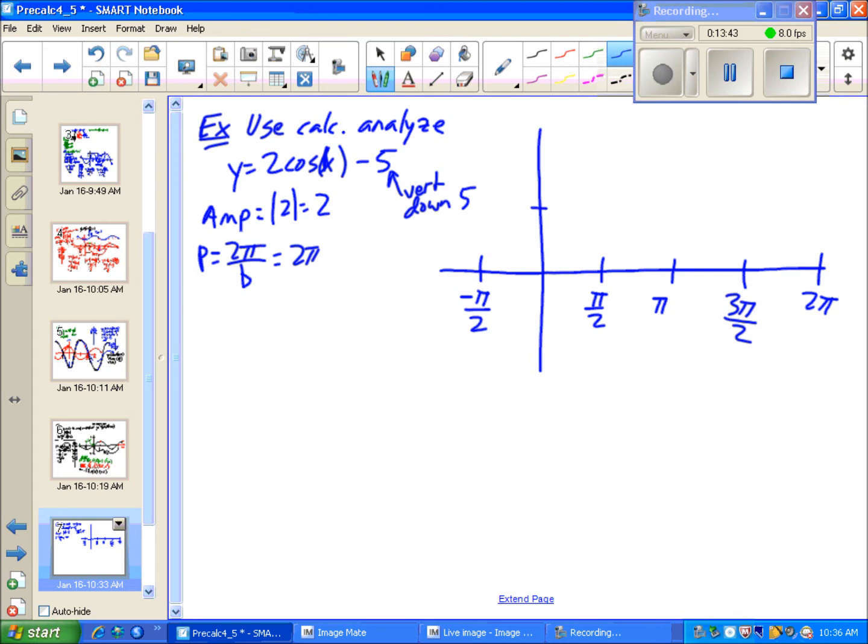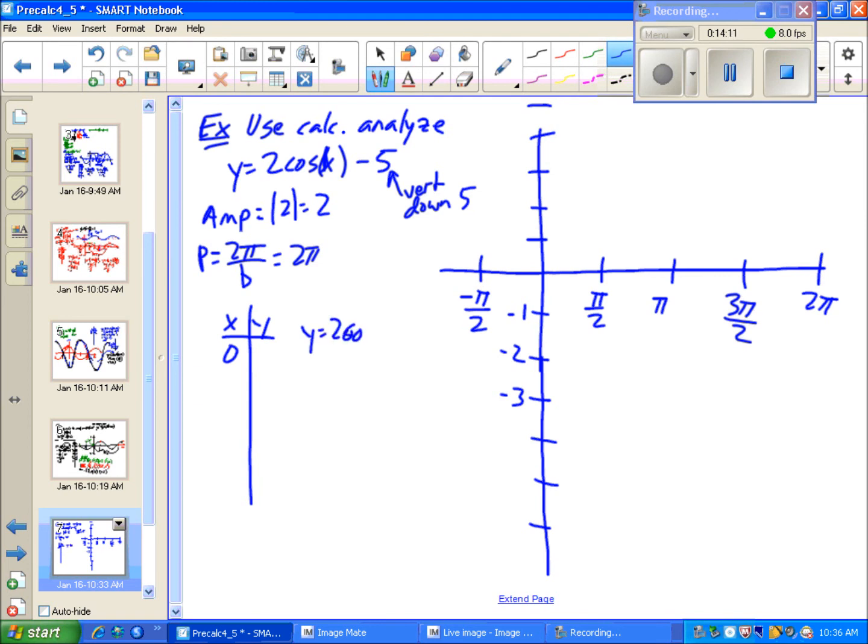Okay, let's plug some points. So here we go: 2 cosine of 0 minus 5. I know the cosine of 0 is 1, so I get negative 3. 0, comma, negative 3.